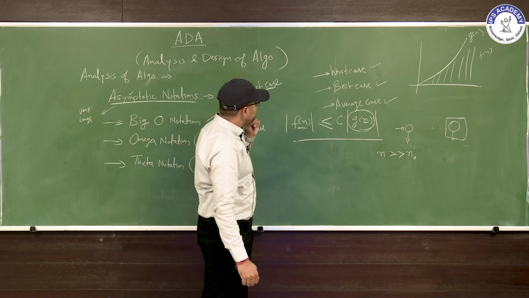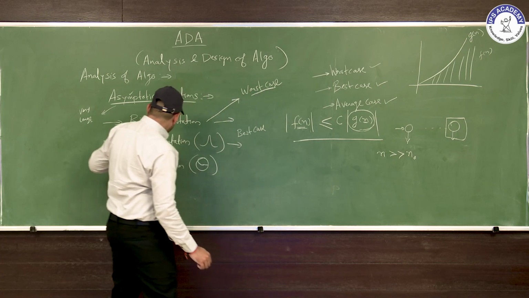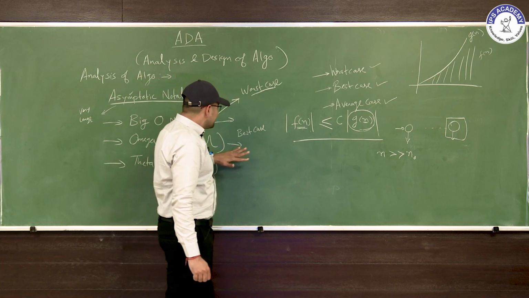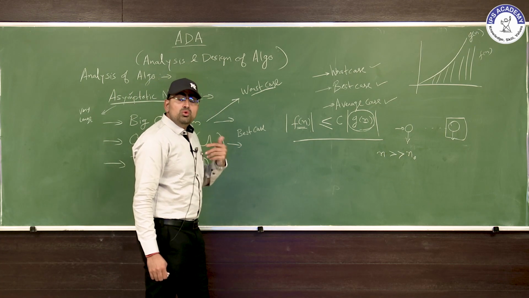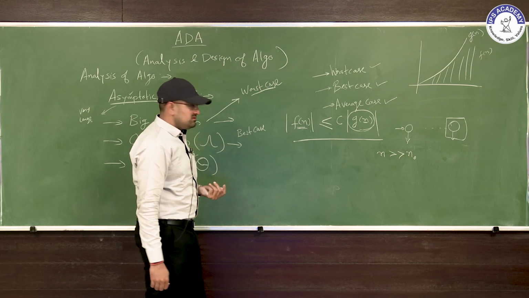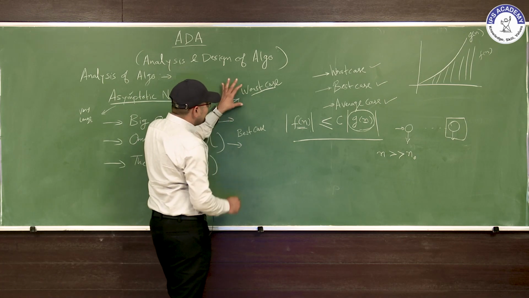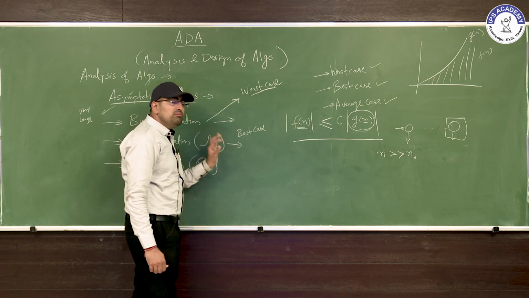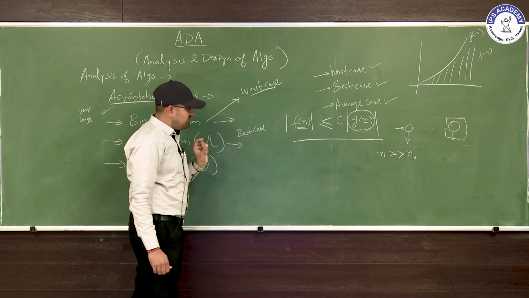So that is the precondition that for calculation of the omega notation or the best case complexity, we must know the algorithm in advance. So the complete algorithm must be known. Here, if it is not known completely, then it is okay. But in case of best case, we must know it well in advance.